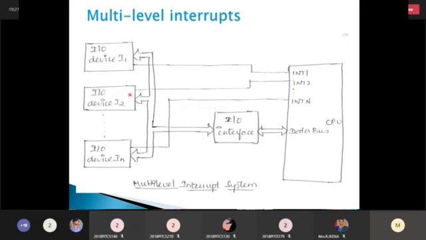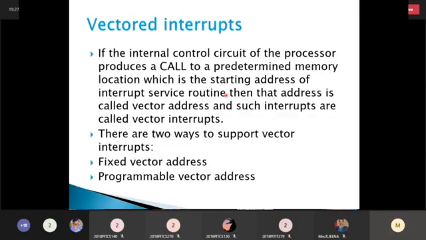See here, we have individual interrupt pins. With n number of input-output devices, we will have n number of interrupt pins. And again here it will be connected to the input-output interface and to the data bus. So this is about multi-level interrupt.